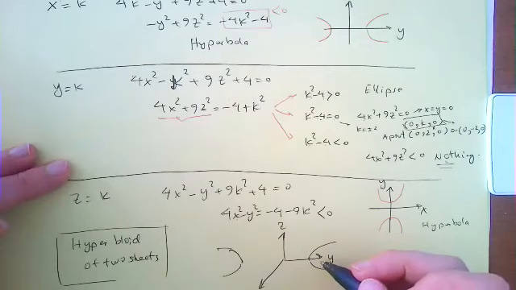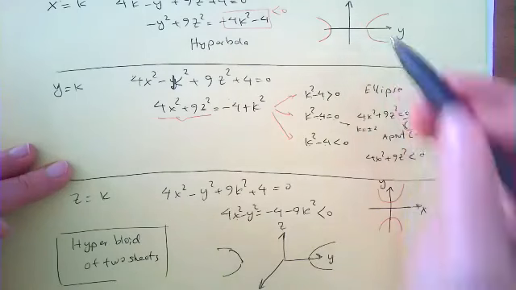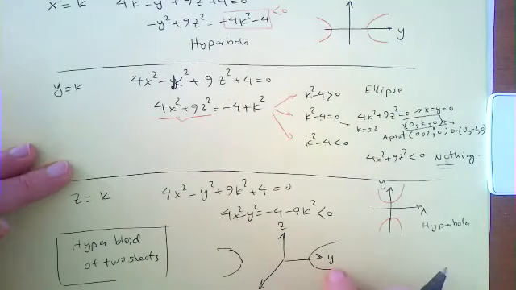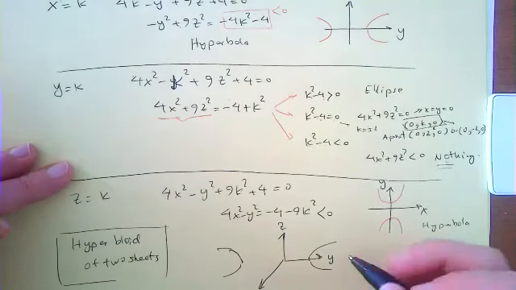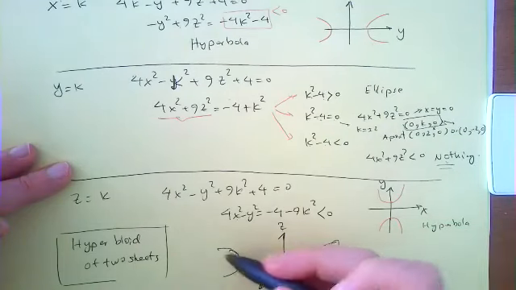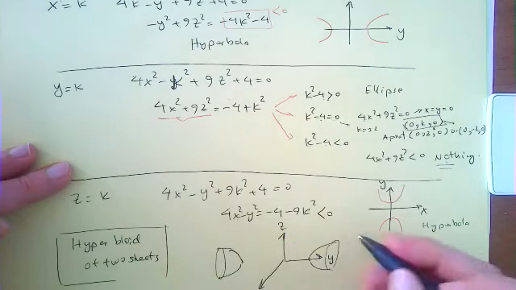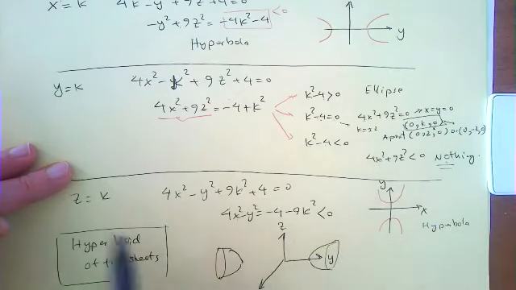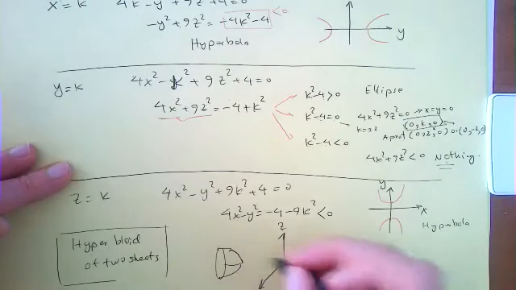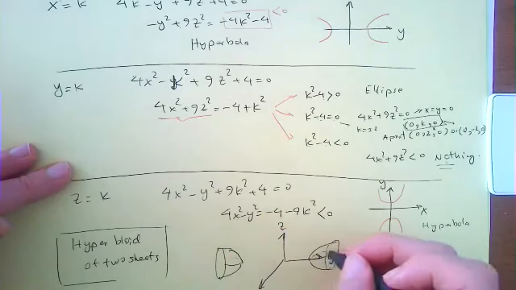And then between Y and Z, the hyperbola is right there. And then when I have Y equal to a constant, I should get an ellipse. So it goes like that. And then when I have Z equal to constant, again, I get hyperbolas like that. And that's the shape that you get.